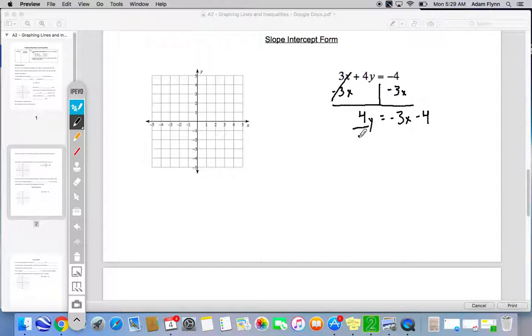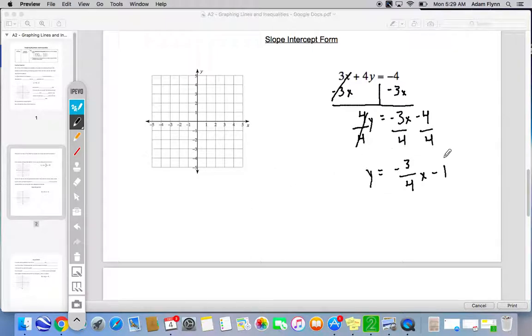And to get y by itself, I need to divide everything by 4. So 4's cancel here, so I'm left with y equals negative 3 over 4x minus 1. So now I have an equation in slope-intercept form, and I know how to graph these already.